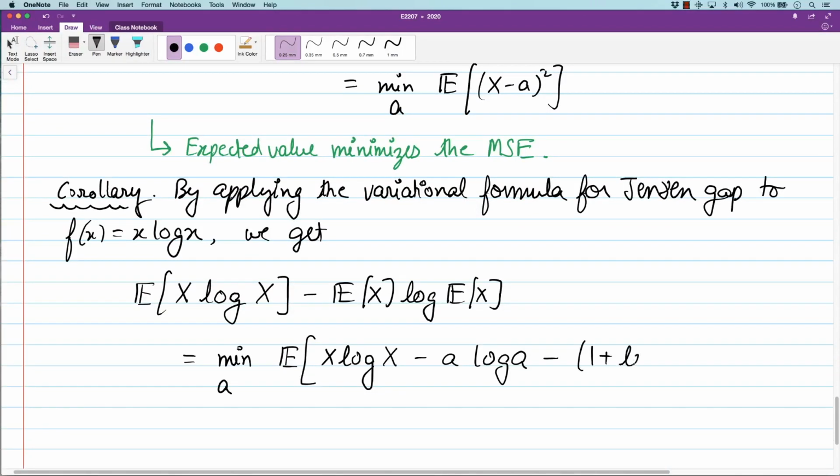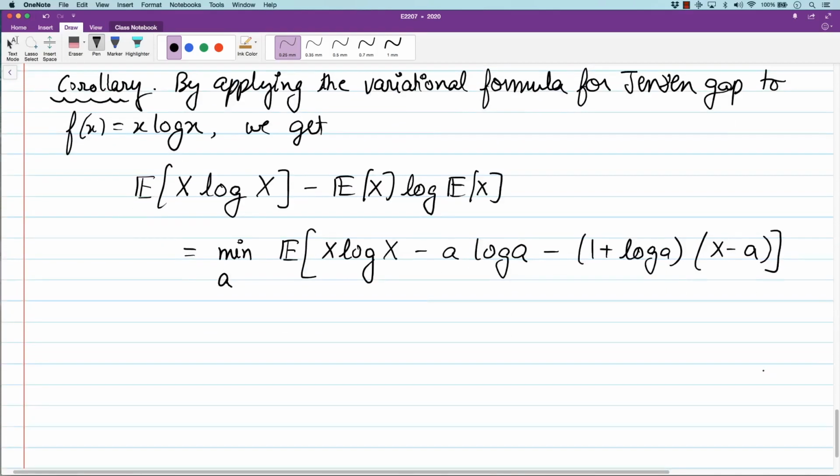That's 1 plus log a, into x minus a. This is the same as minimum over a of expected value of x log x, so this a log a cancels with this a log a here, and so you are left with x minus a plus x log a minus x log a. So you get this, perhaps this, minus x minus a.